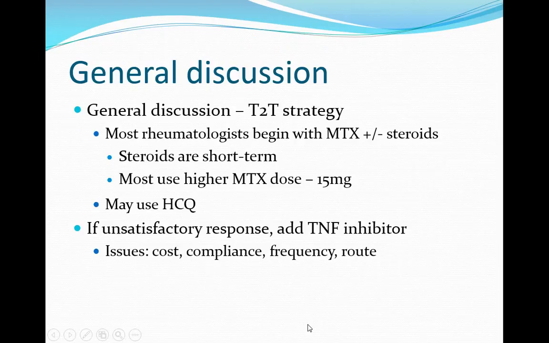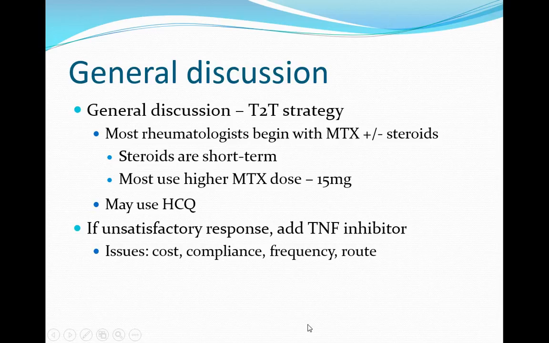So, most people begin with methotrexate. Steroids are short-term, and you will see that most people will start with a dose of methotrexate of 15 milligrams to 20. In some of the textbooks, you'll see 7.5 listed once a week. These are all once weekly doses.